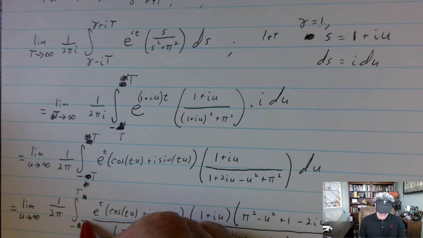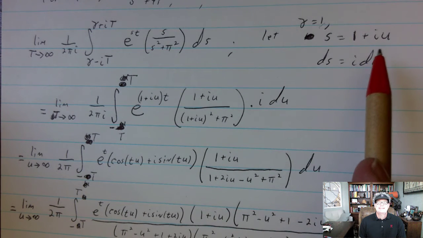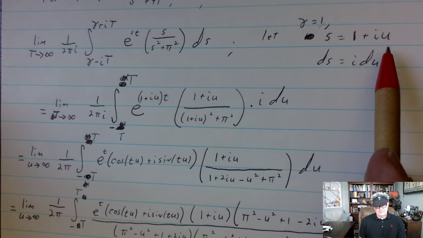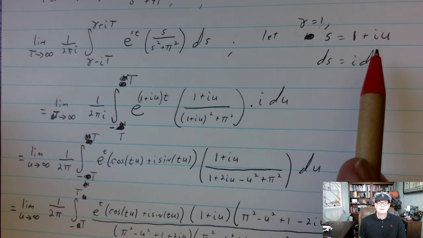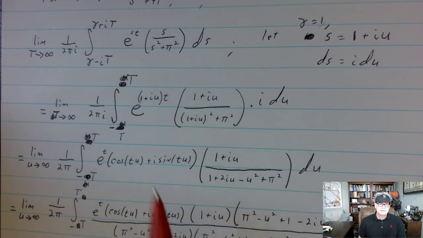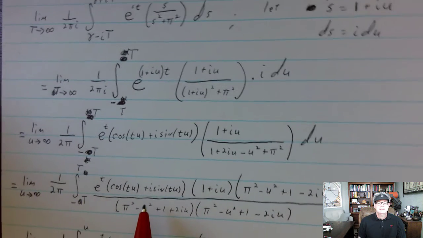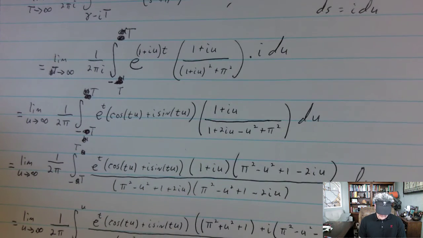Everything's fine. Okay, so the limit should be just u goes from negative t to t. So u goes negative t to t. Fix all these.